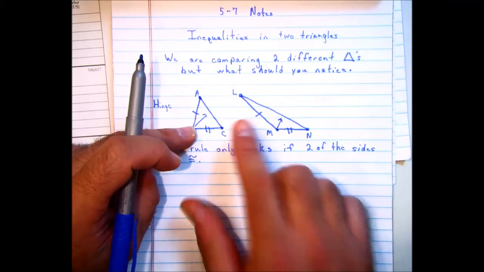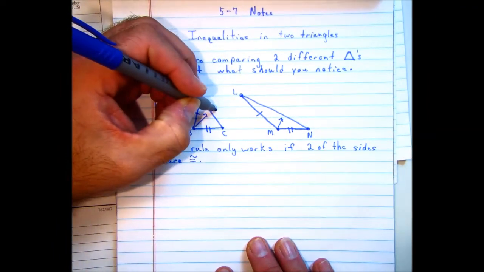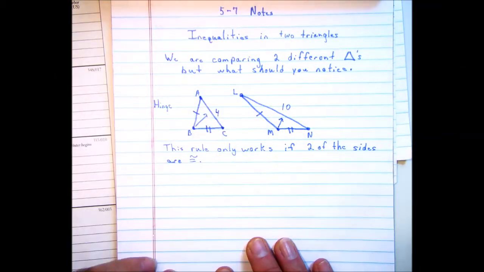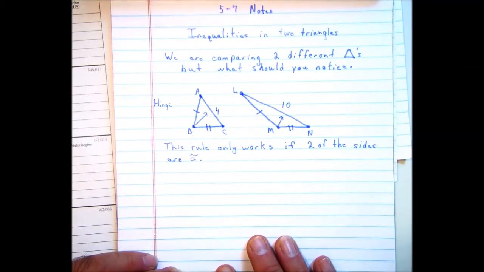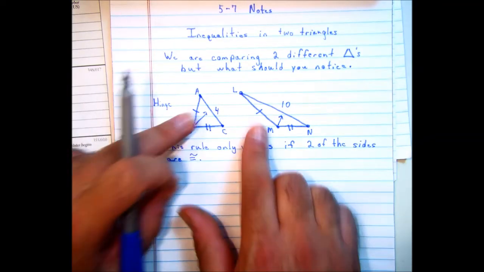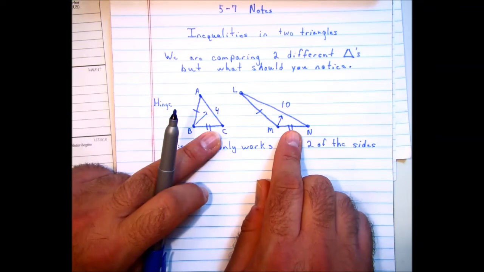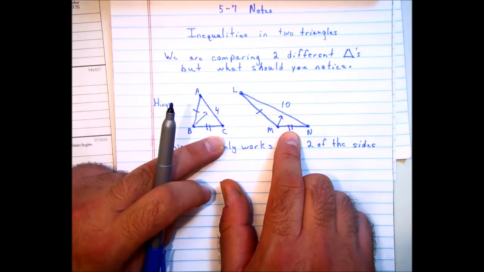All right? So if I told you that this side was 4 and this side was 10, you could tell me which angle is bigger. Now you can only do that if the two sides are congruent. If these congruency marks aren't here, or there's not equal measurements here, this rule doesn't work.